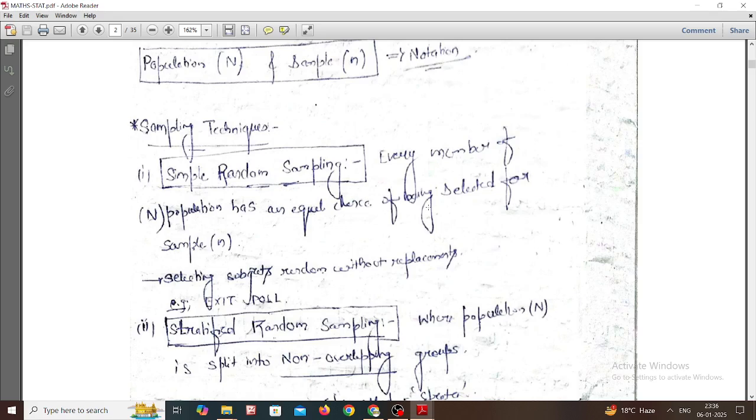In the case of an exit poll, what is happening? We are randomly picking people from a location in the city to get an idea of what their version of the exit poll is.